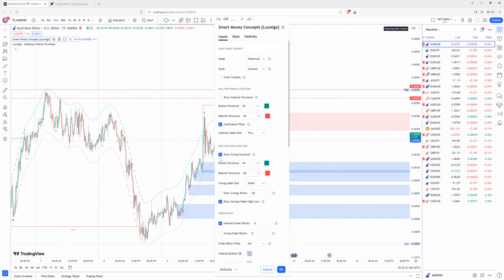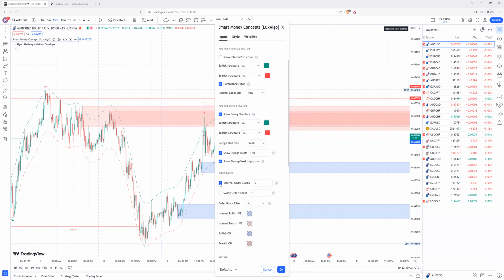Confluence, yes. Show swing structure, yes. Show swing points. I like the swing points. Show strong high, low. Internal order block.